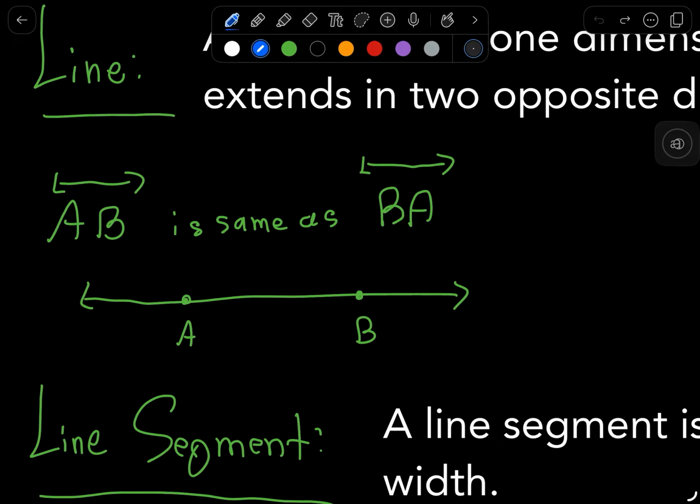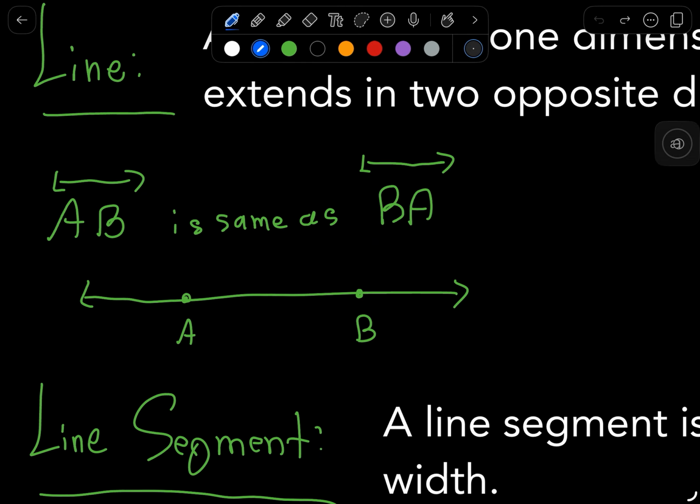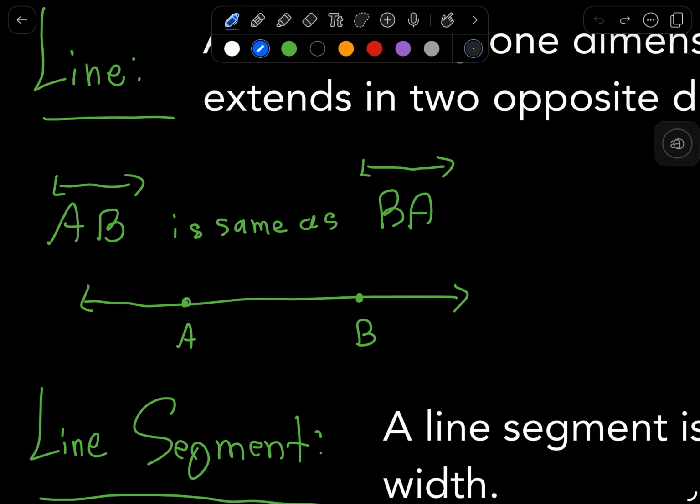As far as the notation goes for lines in geometry, a common thing you should know is that if there are 2 points on a line, so for example, here we have points A and B, to show that it's a line, we will use those points as our reference, A and B, and then draw this specific symbol over it, a line with two arrows going in both directions.